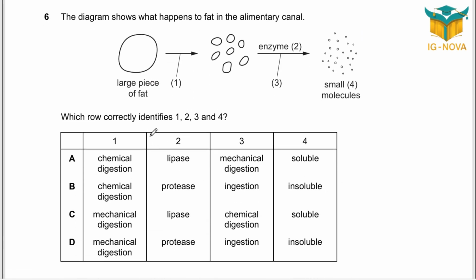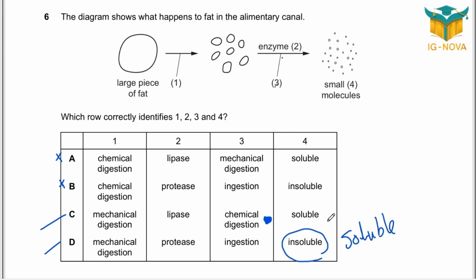Take care of the arrow. If arrow 3 has an enzyme, then arrow 3 must be chemical digestion. Eye-catching point. So let me think about it. Arrow 1, no enzyme, so mechanical digestion. So A and B are out. What makes D wrong? By the end of chemical digestion, particles must be soluble.